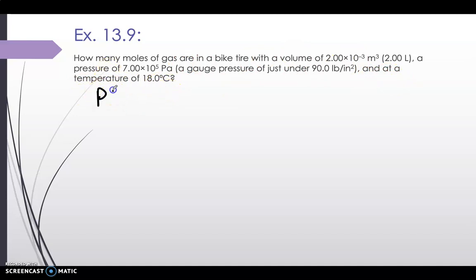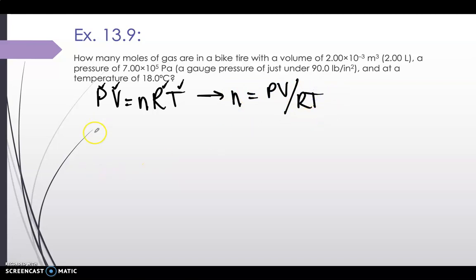We just found PV equals nRT. We have R, temperature, volume, and pressure. We're looking for N, our number of moles, so we can solve for that and just plug in our values.